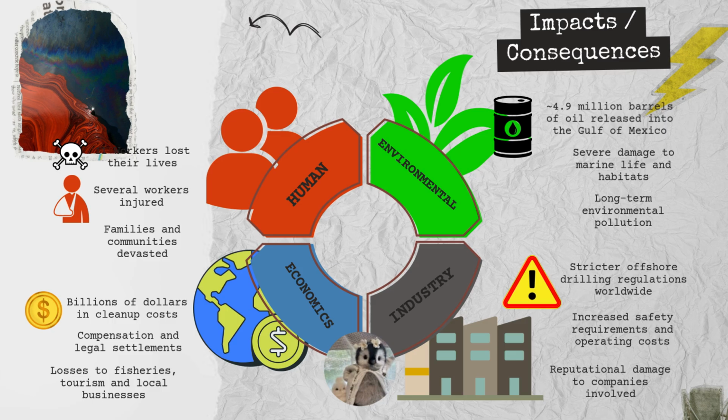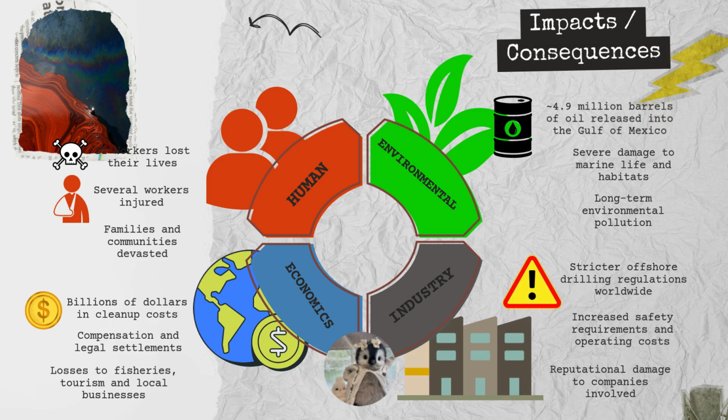Then, economically, billions of dollars were spent on cleanup operation, compensation claims, legal settlement, and environmental restoration efforts. Industries such as fisheries, tourism, and local businesses also experienced significant losses.